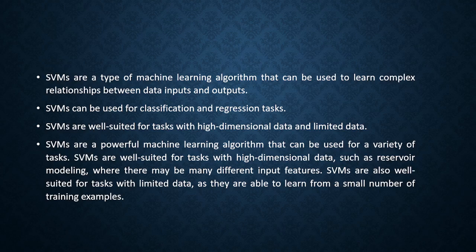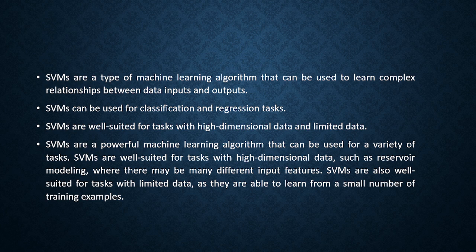SVMs are a type of machine learning algorithm that can be used to learn complex relationships between data inputs and outputs. As you can see, it will try to create a relationship between input and output. SVMs can be used for classification and regression tasks.